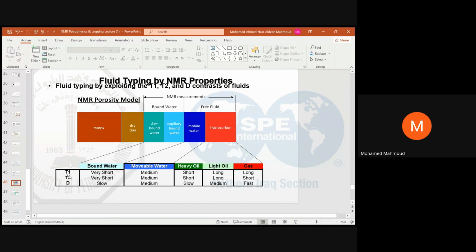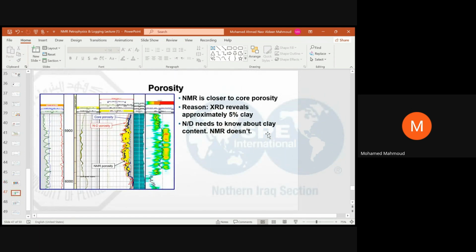So by combining two parameters, T2 and diffusion, for example, you can easily distinguish between oil and water, because the diffusion in oil is very slow, and in water is medium. So if you combine the T2, we can get actually very good differentiation between hydrocarbon, mobile oil, or even if you have gas as well. This is for the fluid type.